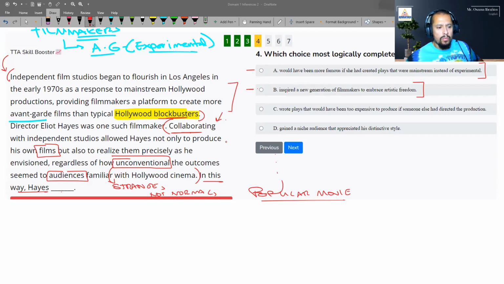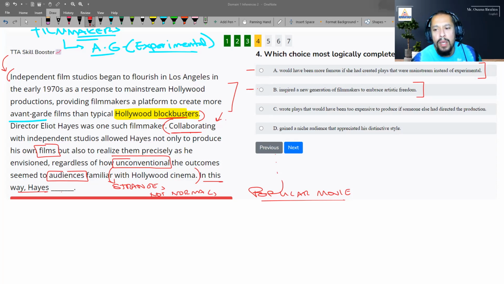No, the outcomes weren't familiar to Hollywood cinema. They were unconventional to the audiences that were familiar with Hollywood cinema. So they weren't normal to the audiences. They weren't widely seen as normal to the audiences. So again, make sure you read carefully.